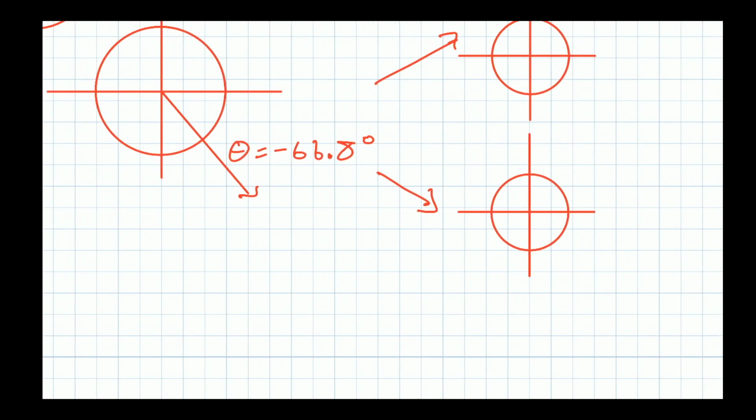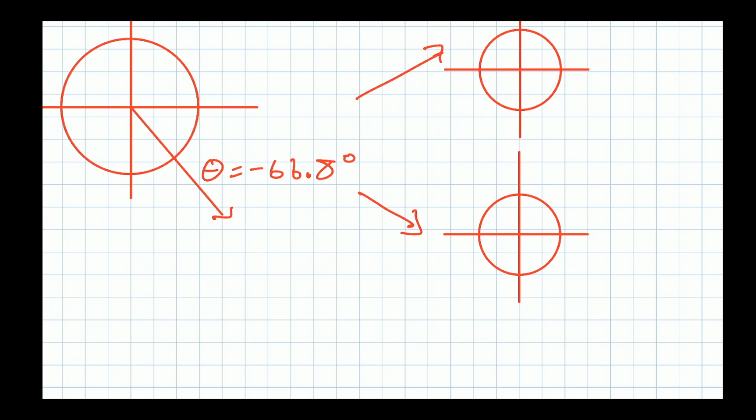Okay, so first of all, one of my angles that's the same as negative 66.8 is going to be this angle around here, right? And how am I going to get that angle? It's going to be negative 66.8 degrees, and then I'm going to add 360 to get that one.